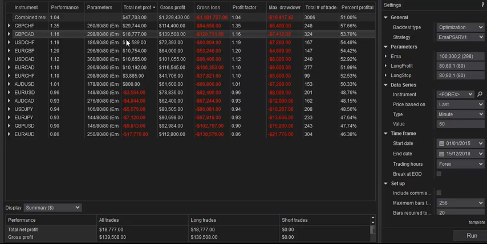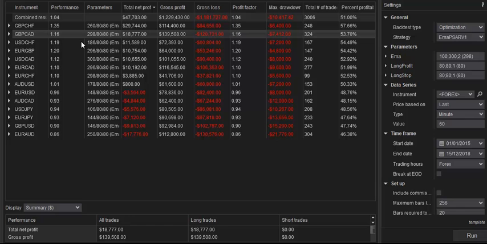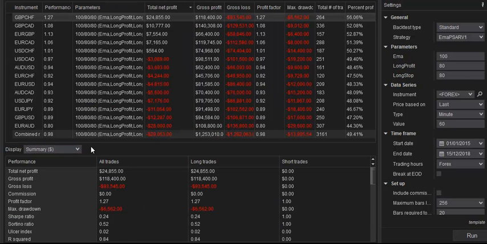Next one over here is the euro pound. It was returning 7.5 with the 100, and with the 296 setting it's nearly 11,000. There's not much of an increase there, but still an increase nonetheless. Pretty much all currency pairs will increase.